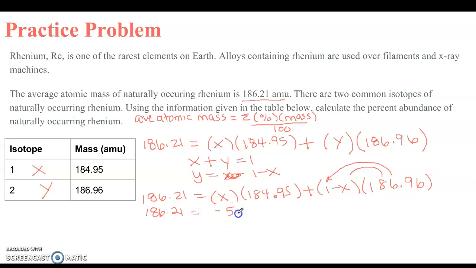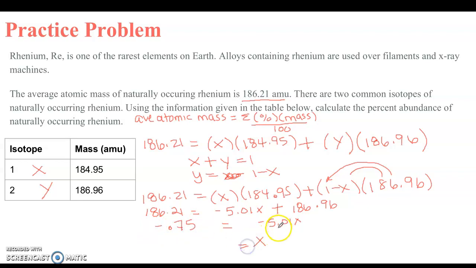negative 5.01x plus 186.96. I'm going to subtract 186.96 from both sides, and I end up with negative 5.01x equals negative 0.75.